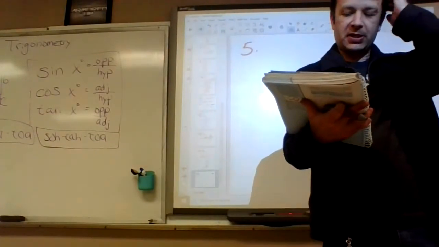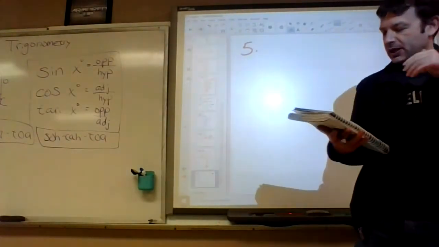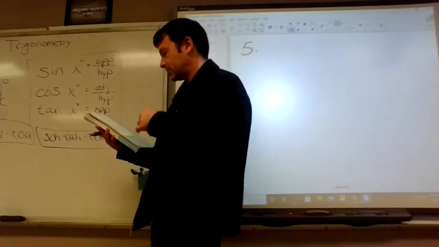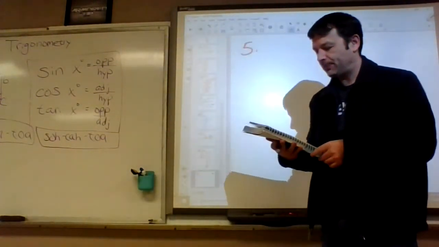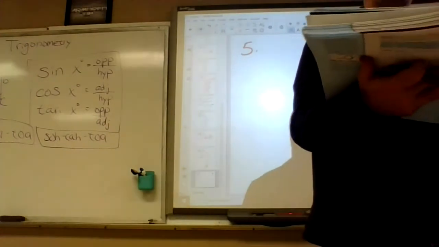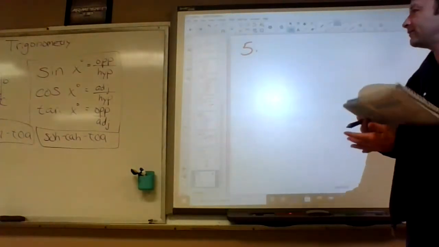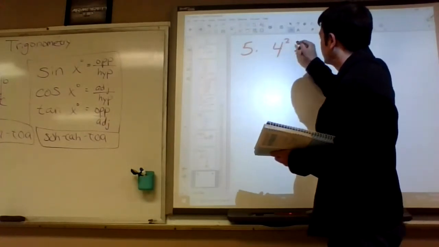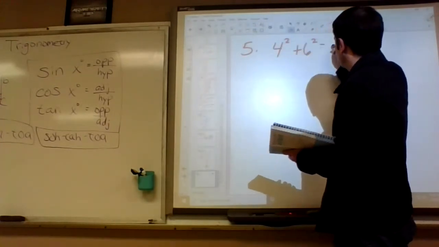Okay, sine of B. Sine is opposite over hypotenuse. We keep getting the sines, don't we? Notice on number 5 they don't have the hypotenuse. So how could I find the hypotenuse? 4 squared plus 6 squared equals c squared.